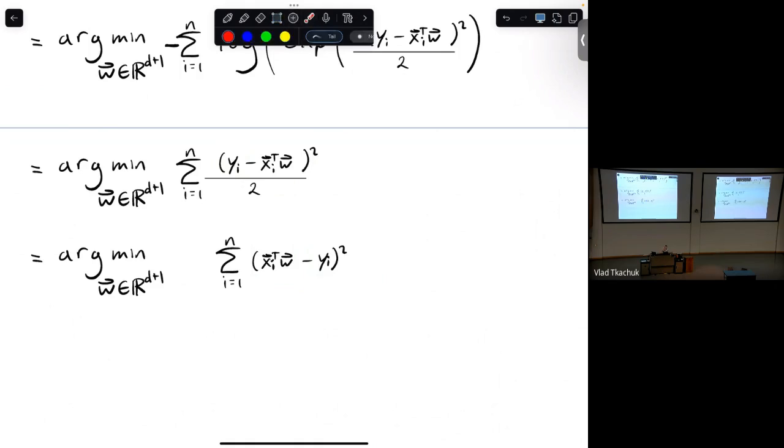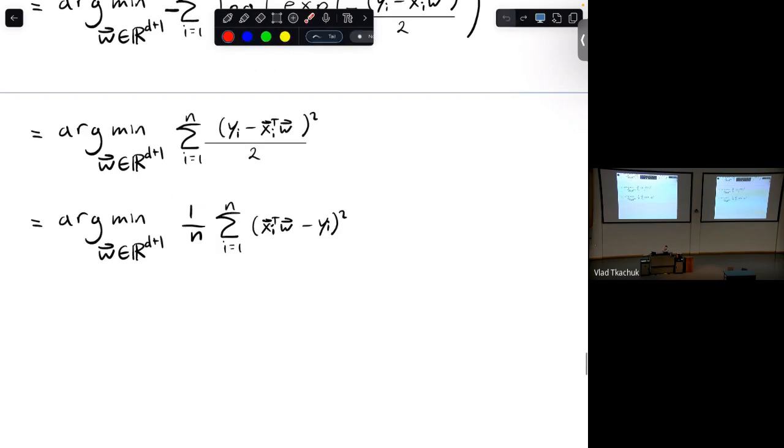And then finally, we had the sample mean, so we had 1 over n out here. And that's still completely fine to add because once again, that's just a number scaling the function. So the argmin does not change if you scale by another constant, independent of the parameter w.